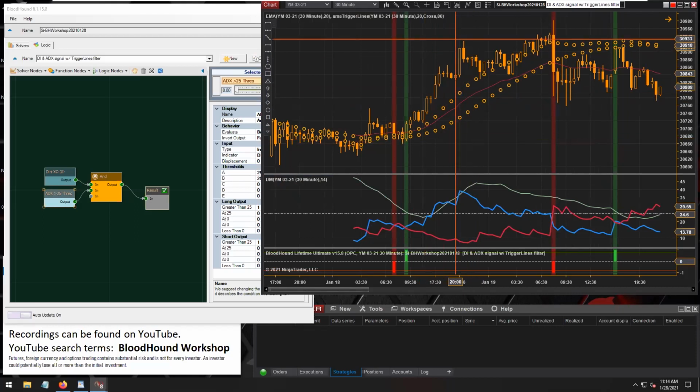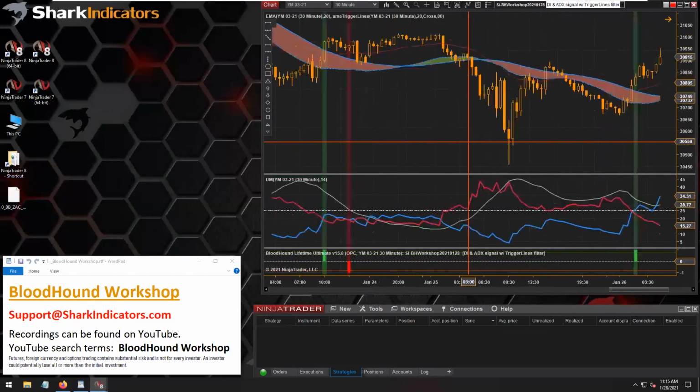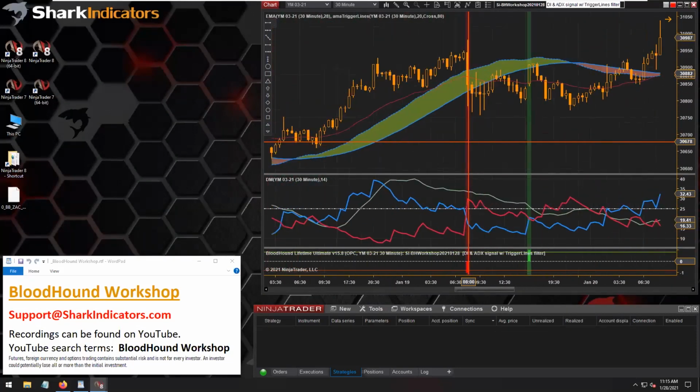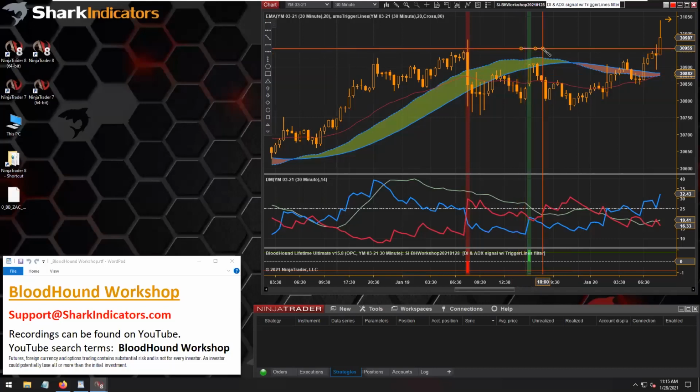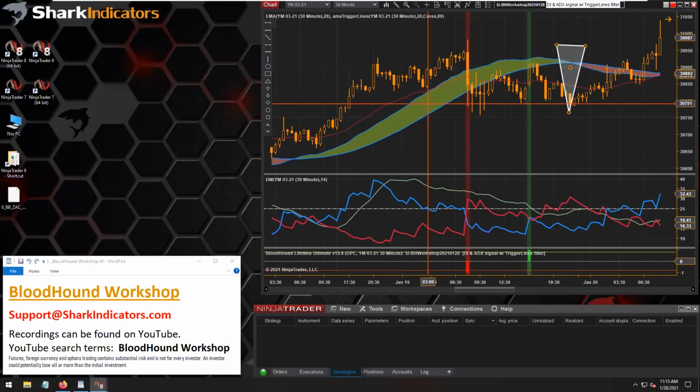I need more data on my chart. All right, so what I'm checking to see is if we get a long signal when the trigger lines are crossed up, and we do.